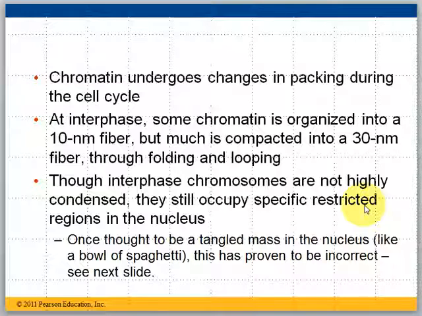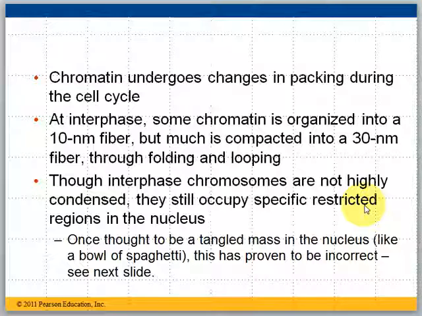And in interphase, you can't really see the chromosomes as clearly because they're more stretched out and they're not quite as compacted. At one time it was thought that all of the chromosomes in interphase were just thrown together and intermingled, but that's not really the case. They're still fairly organized.